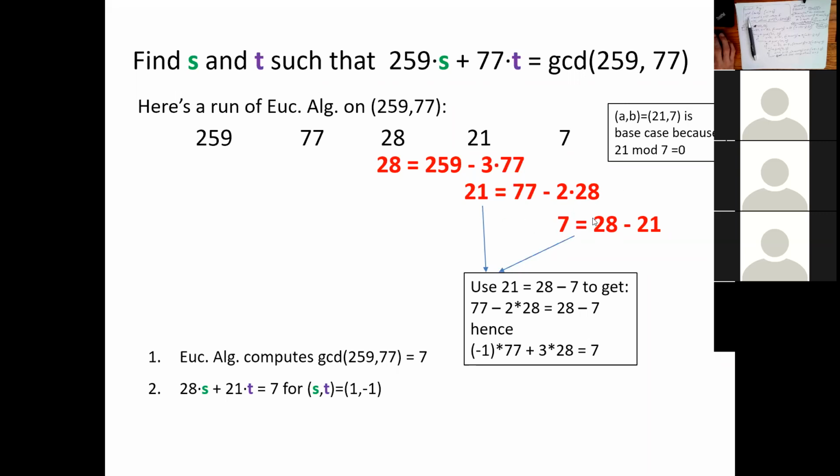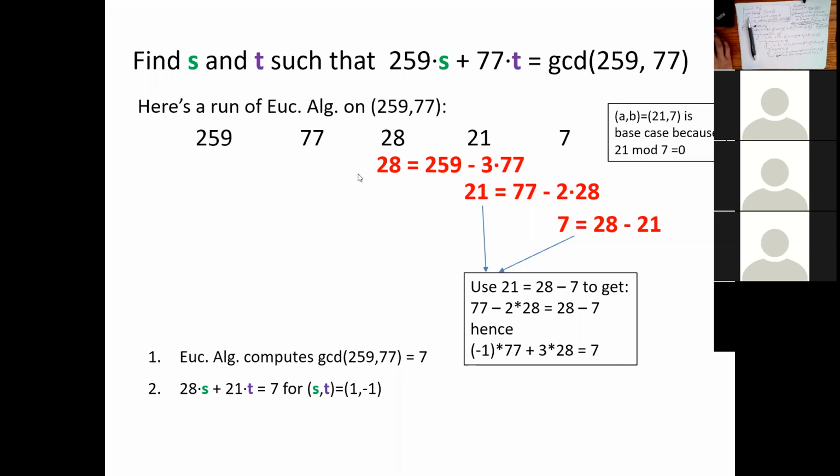So the useful way of combining these two equations is to express the final GCD as a linear function of the next A and B, which are 77 and 28. Because of this equation, I can express 21 as a linear function of these two. I stick it in here, and I get 7 as a linear function of 28 and 77.